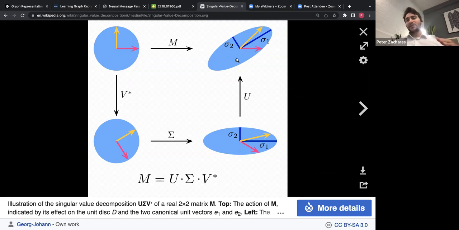The vector is the feature that we were talking about before. And the singular value is the magnitude of the output vector. In this case, it's showing how much you stretch the input vector in a specific direction.